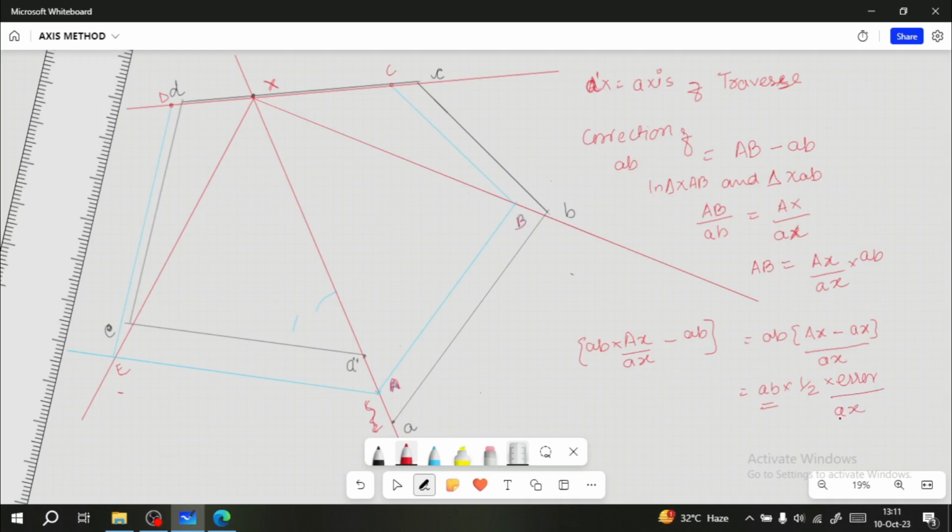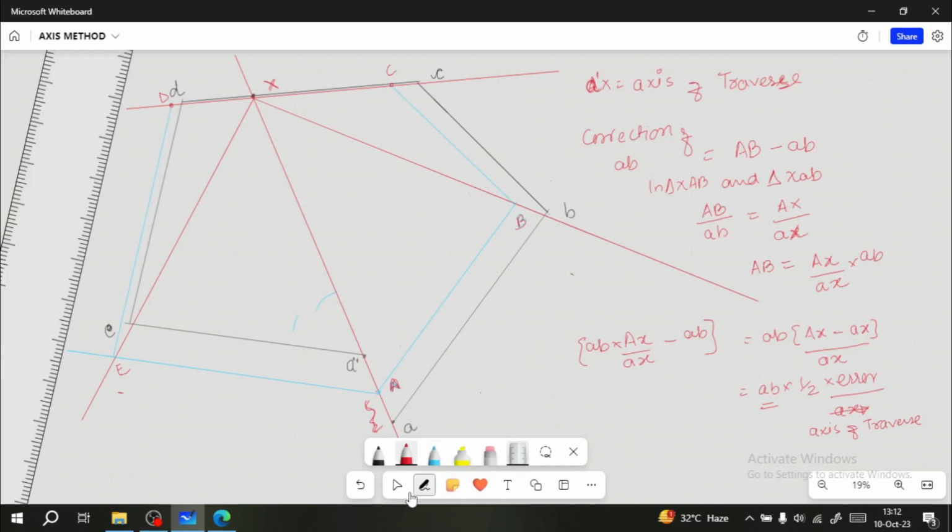AX is nothing but the axis of traverse. So this is how we can apply the axis method, and the correction for any length can be calculated with the help of this formula. What is the formula for correction?